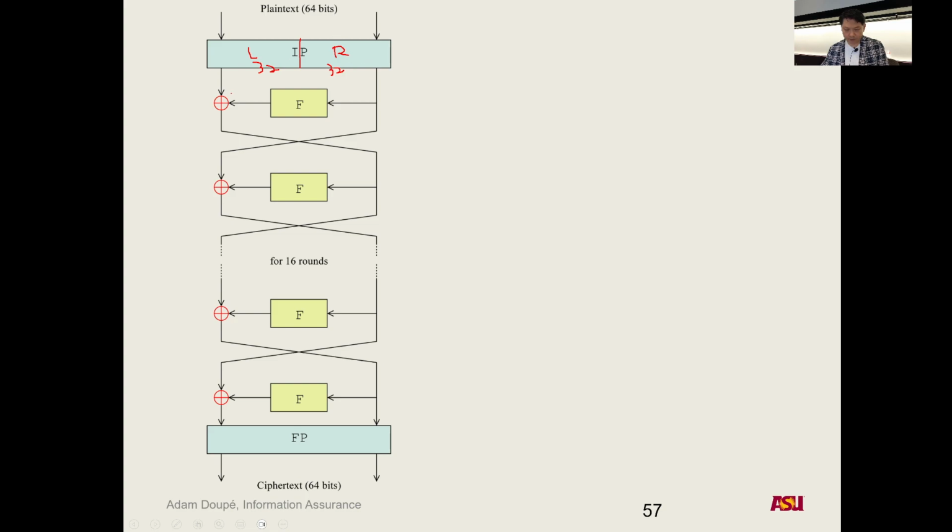The left part is directly XORed with some function, and the right part becomes the input of the next round. Let's say this is just one round, and this is a second round, right? So n rounds.